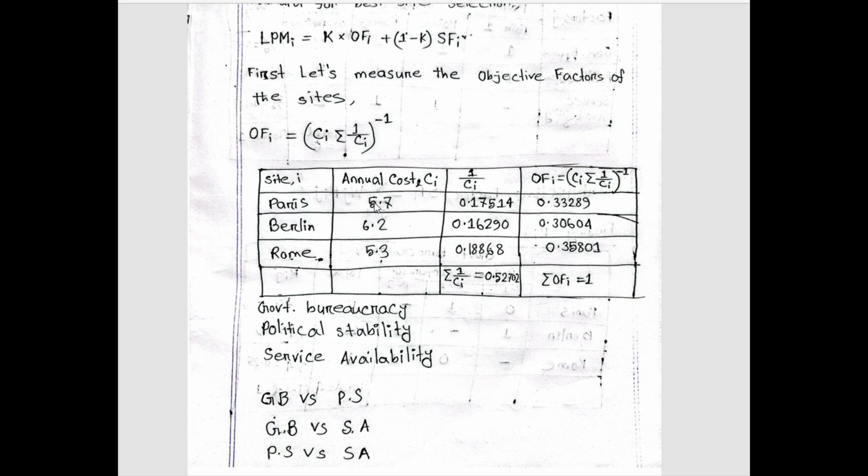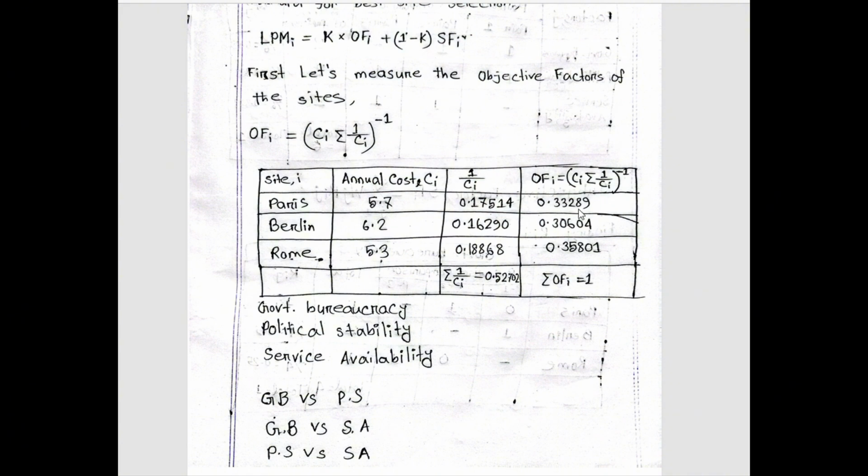Then for the objective factors, we take 5.7 times the summation of 1 by Ci, 6.2 times the summation of 1 by Ci, and 5.3 times the summation of 1 by Ci, and the whole to the power minus 1. You have to be careful because some students would not put the power minus 1 here, but minus 1 is included in the formula.